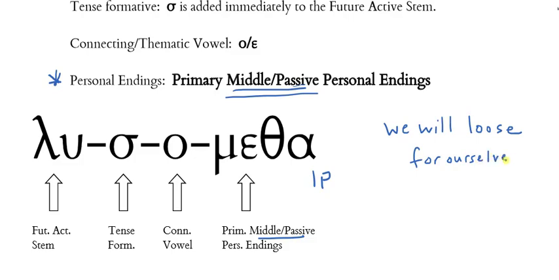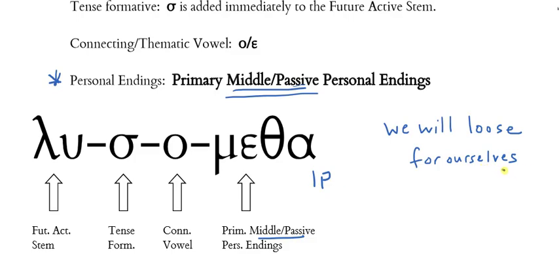It's not the best, but it's kind of a code way of saying I'm trying to give this middle semantics here. We will loose for ourselves. That is to say, we're loosing it, and there's some way in which we are involved in the results of that action. Okay? Now, why am I doing that?